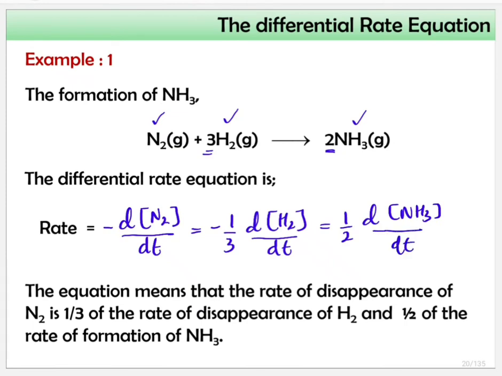Jadi dah siap untuk differential rate equation. So, daripada differential rate equation ini, kita boleh nampak dia punya relationship. Because the rate of disappearance for nitrogen is 1 over 3 of the rate of disappearance of H2 and 1 over 2 of the rate of formation of NH3. Jadi actually kita boleh relate kadar pengurangan reactant kepada formation of product.